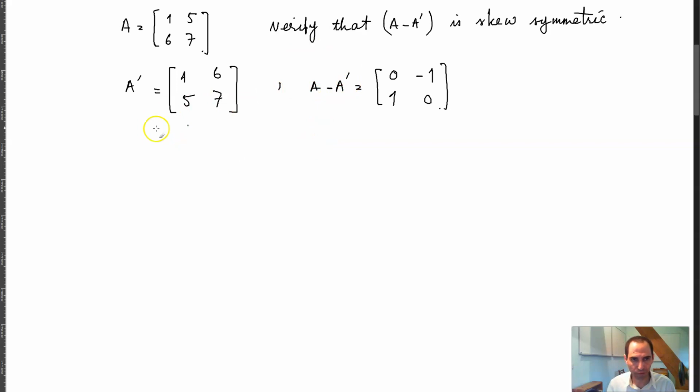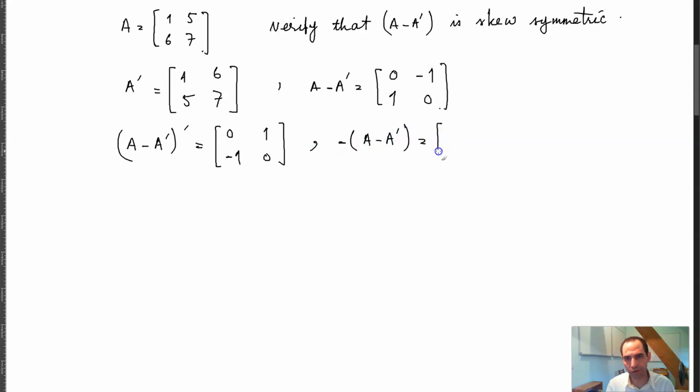Now the transpose of this matrix, A minus A prime whole prime, is equal to 0, negative 1, and 1, 0. The negative of this matrix, negative of A minus A prime, is equal to 0, positive 1, negative 1, 0.